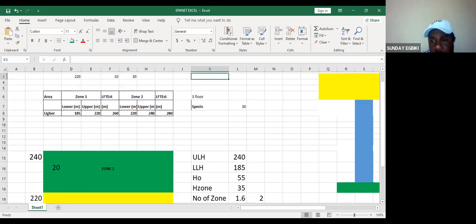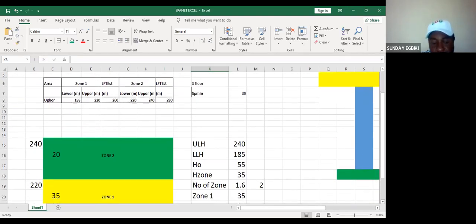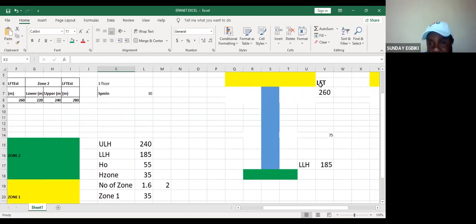What that means is that this point here is at 216 meters in elevation. And your lowest limit of housing is here at elevation. You subtract this 216 from this 185. You will have 75. That 75 is the maximum elevation difference where you can put your tank in zone 1.